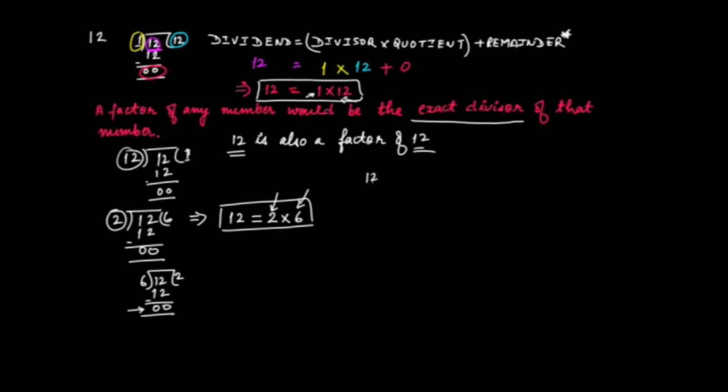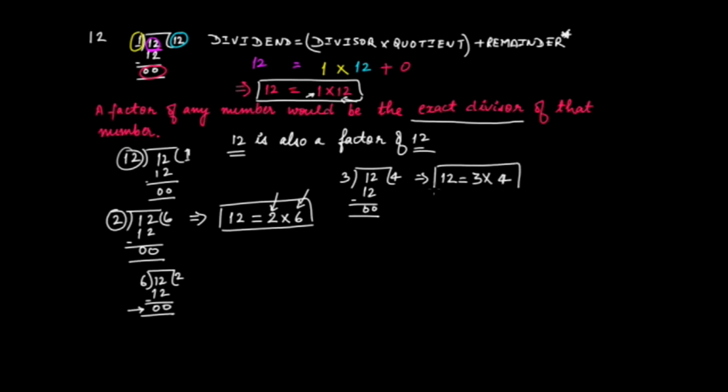Now divide 12 by 3. If you divide 12 by 3, then you would get 4 as quotient and remainder would be 0 again, and therefore you would say that 3 is the exact divisor of 12, and therefore 3 is also a factor of 12. So you would write 12, that is dividend, is equal to divisor 3 into quotient 4 plus remainder 0.